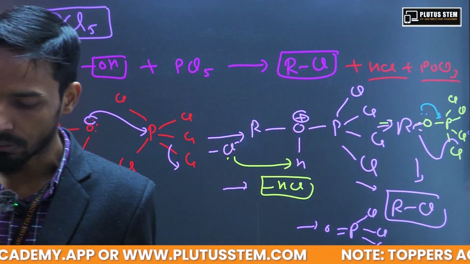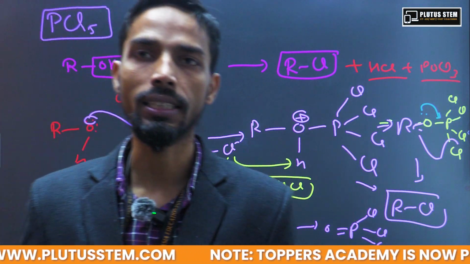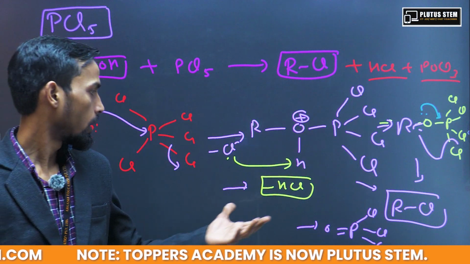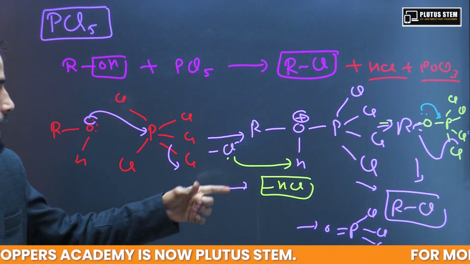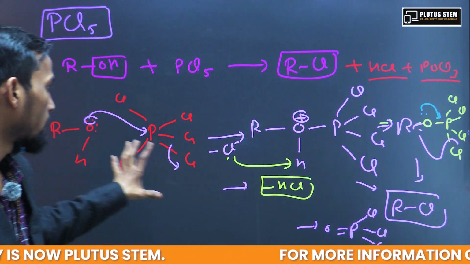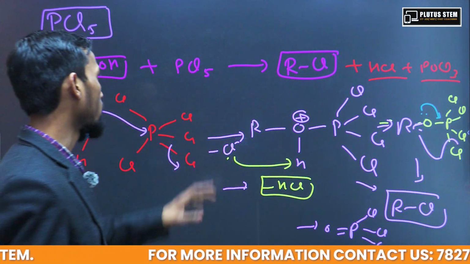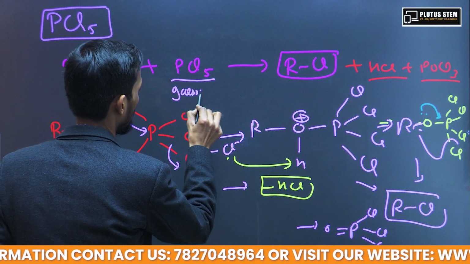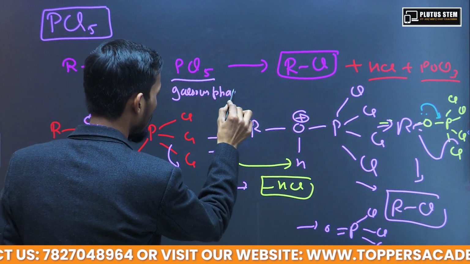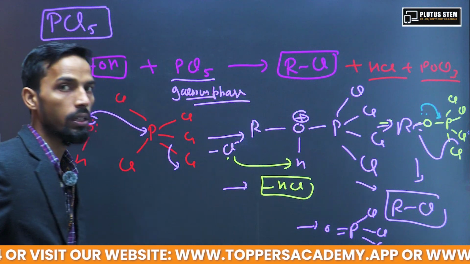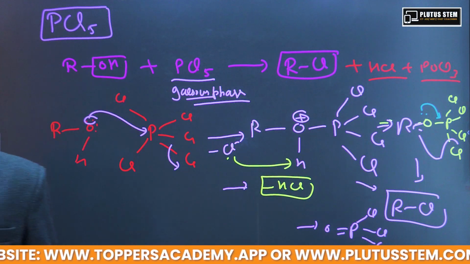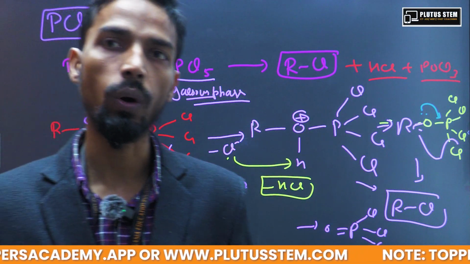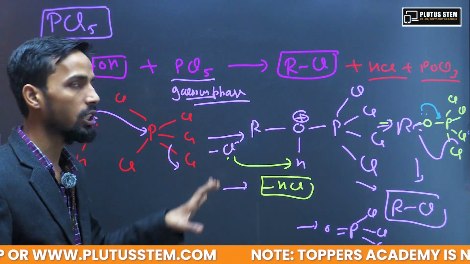All the three products I have shown you, how they are formed over here. This is in the case when we have PCl5, generally in the gaseous phase. Generally, this reaction happens in the gaseous phase. From a board exam point of view, this PCl5 is quite important, that it is in the gaseous phase only.